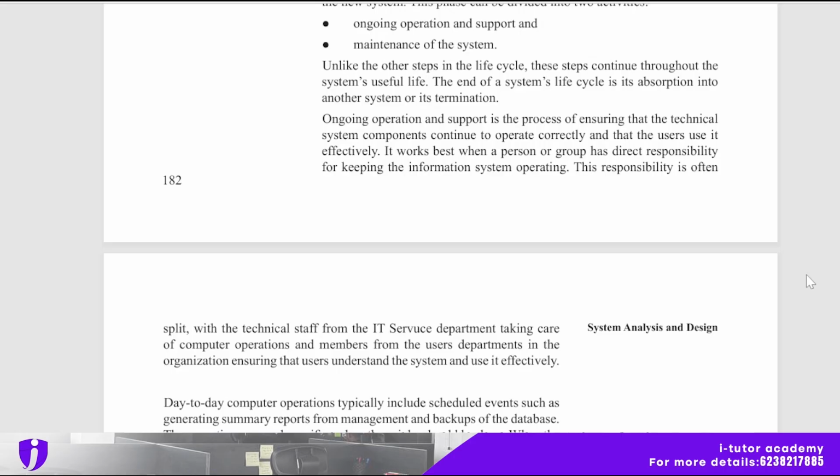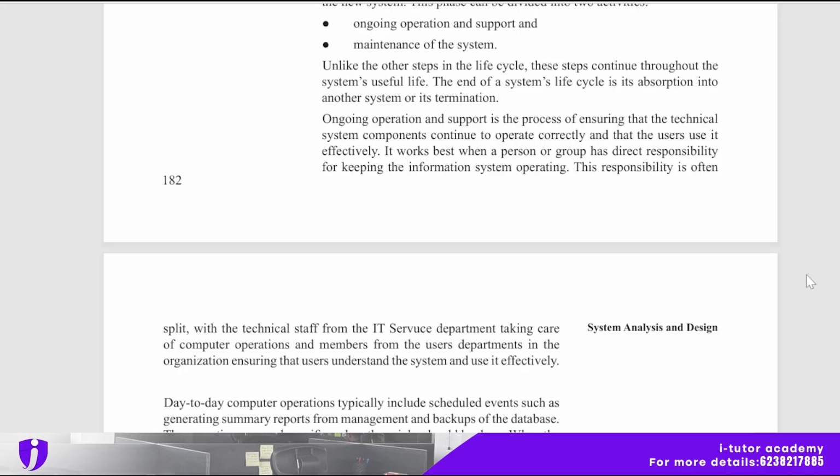Ongoing operation and support is the process of ensuring that the technical system components continue to operate correctly and that the users use it effectively. It works best when a person or a group has direct responsibility for keeping the information system operating.